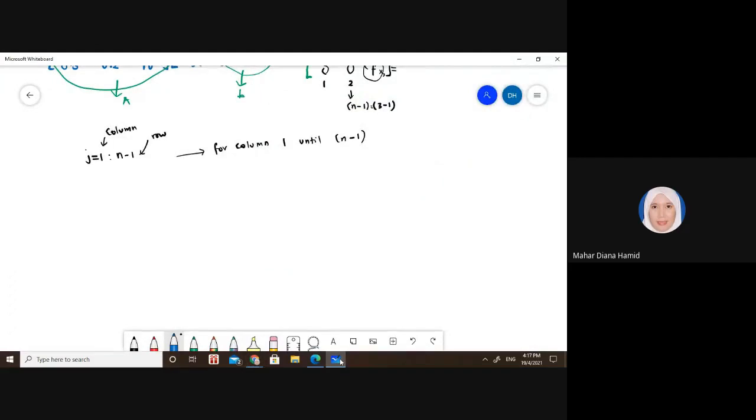So for example, if we have this kind of matrix, so 5x2, 3x3 equals to 12, 2x1 plus 6x2 plus x3 equals to 2, 3x1 plus 7x2 plus 2x3 equals to 1.